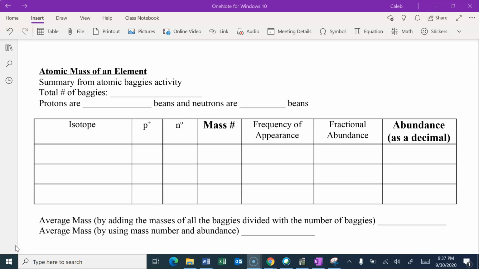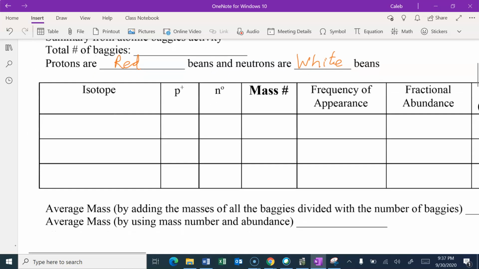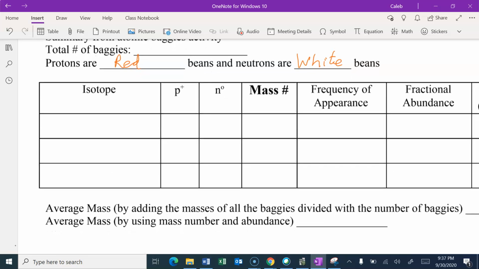So he started out and he made this video with some red beans and some white beans. If you'll remember, the red beans represented protons, the white beans represented neutrons, and we kind of just ignore the electrons right now because we're not dealing with them just yet.